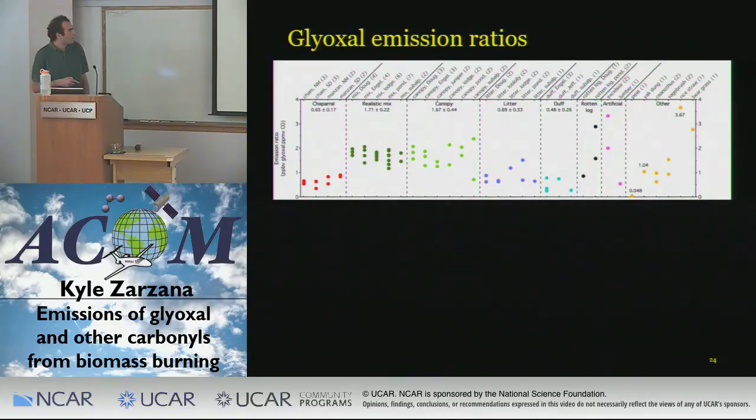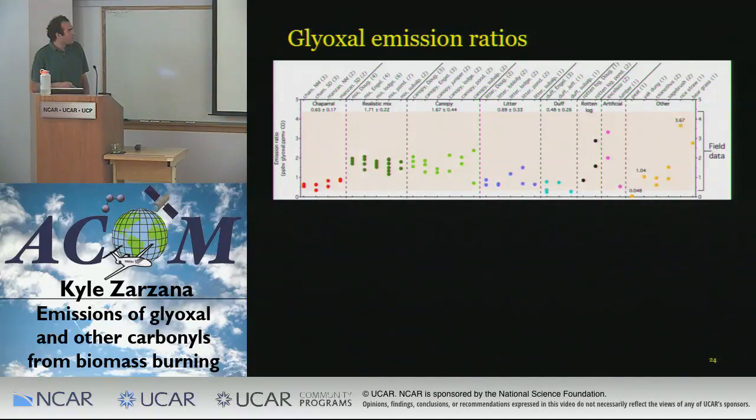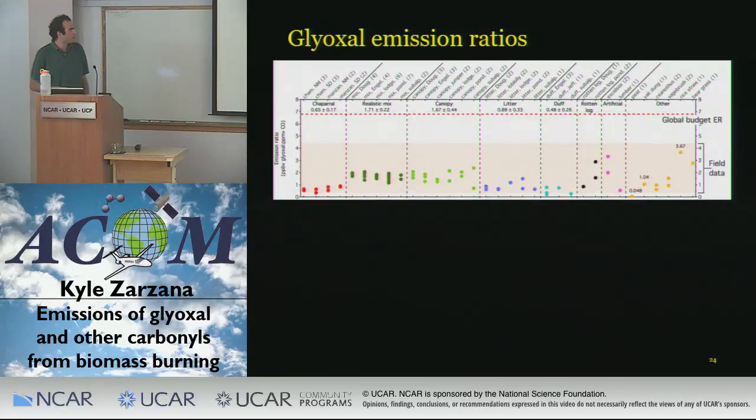Turning to the glyoxal now, here are the emission ratios, again, grouped by fuel type rather than fuel species. And within these groups, generally very similar. Shown here in the shaded is the range of the field data, and what we were seeing at the fire lab is generally in pretty good agreement with those measurements we had during SENEX and SONGNEX. Again, we don't know the fuel type from those field measurements, but this seems to be in line with what we were seeing from the fresh emissions.